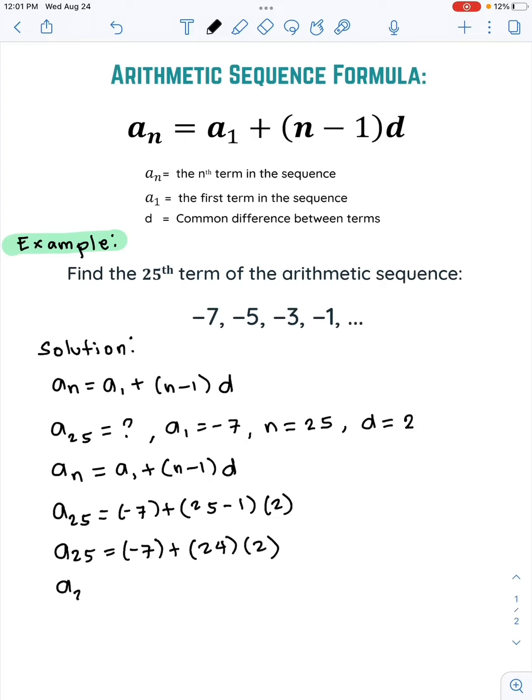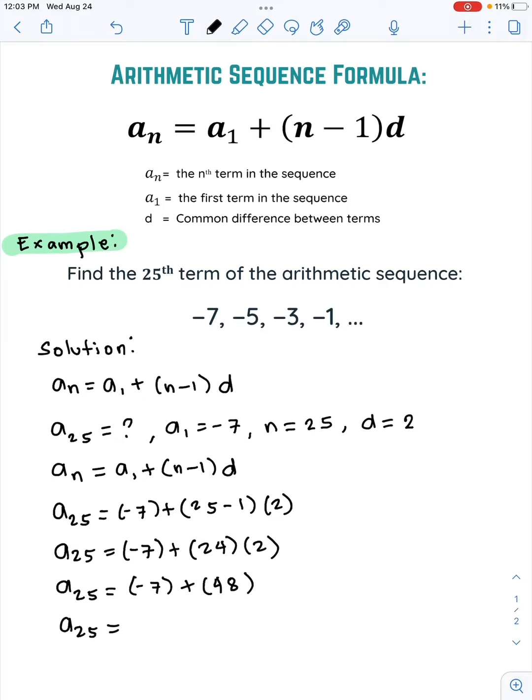That's A of 25 is equal to, copy muna natin, apply natin ang PEMDAS. Okay? So, multiplication or division first before we add or subtract. So, let's multiply 24 times 2. 24 times 2 would give us 48.